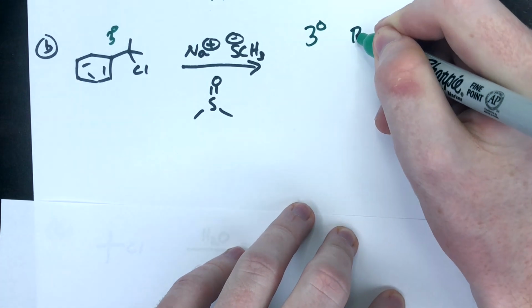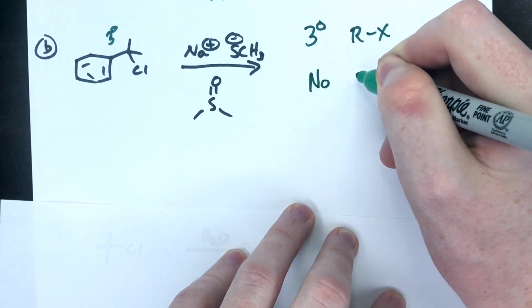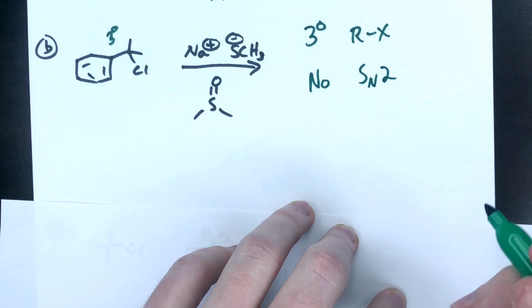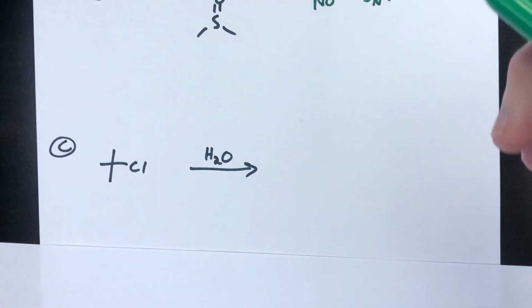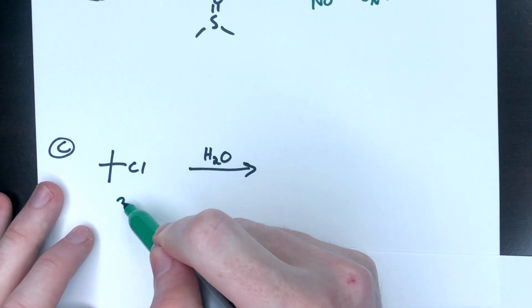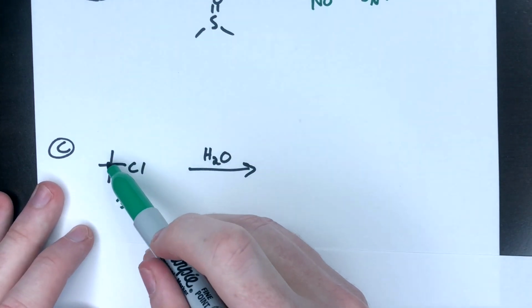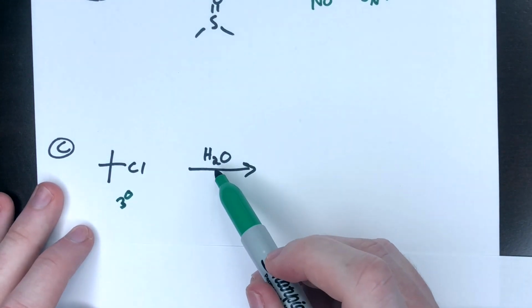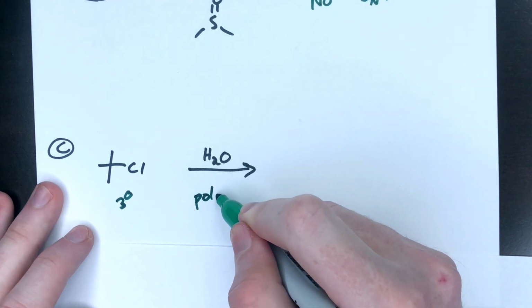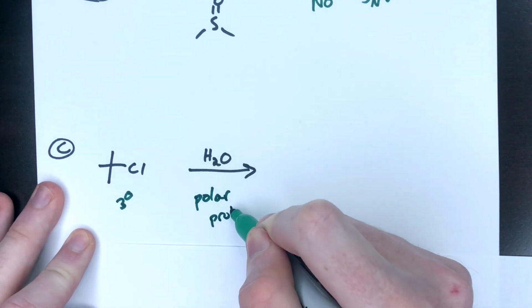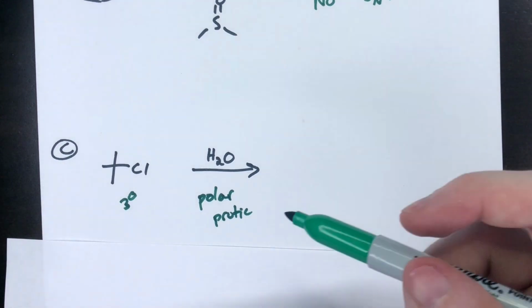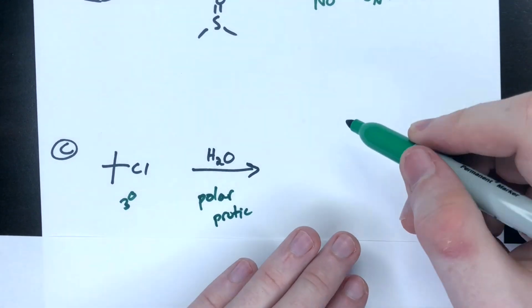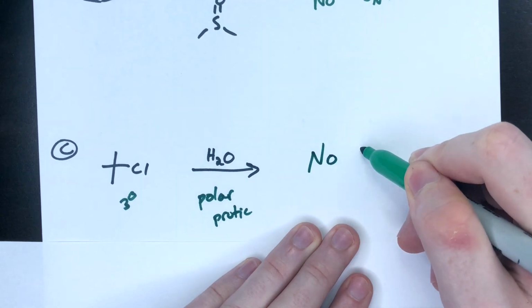So tertiary RX, no SN2 possible. Okay, next reaction. Here we see a tertiary electrophile again. This carbon is bound to three methyl groups. Here we have a polar protic solvent. So that's not likely for SN2. There you go, tertiary, polar protic, this is not SN2.